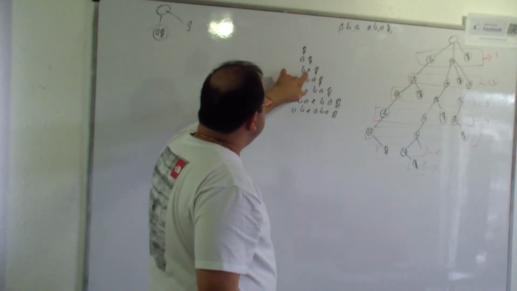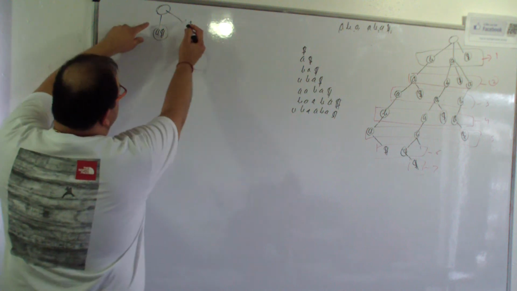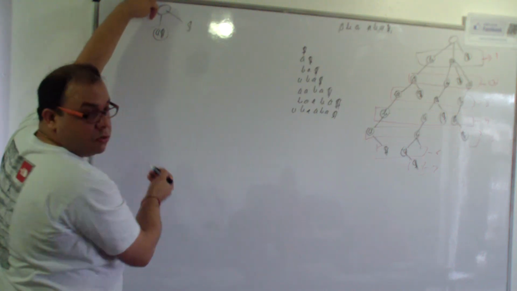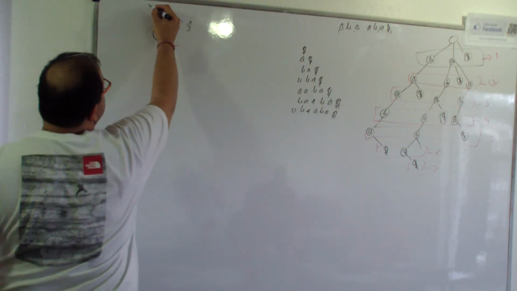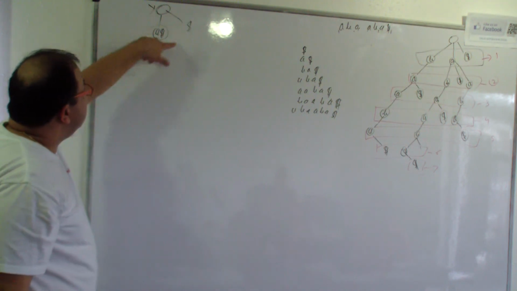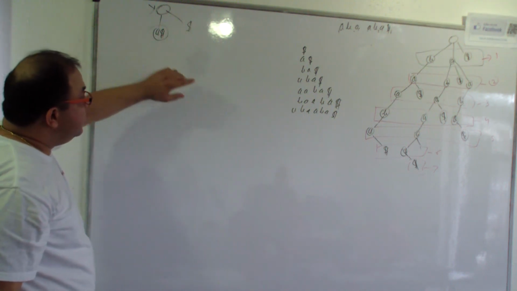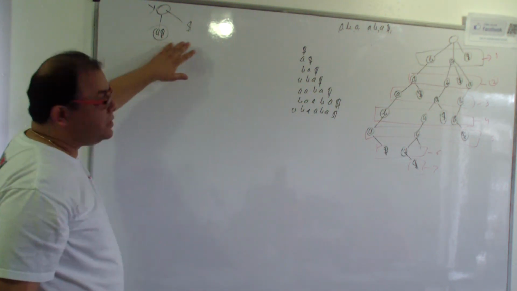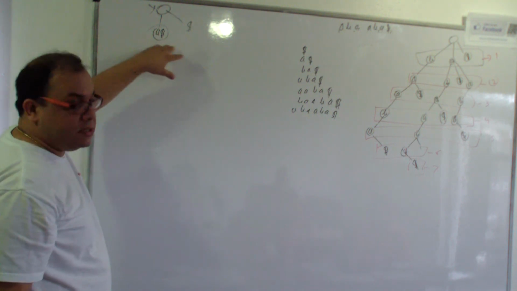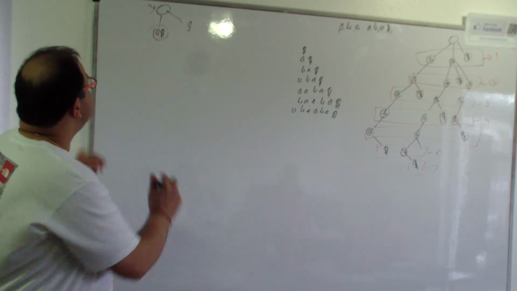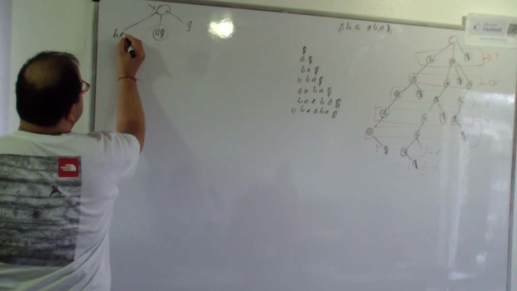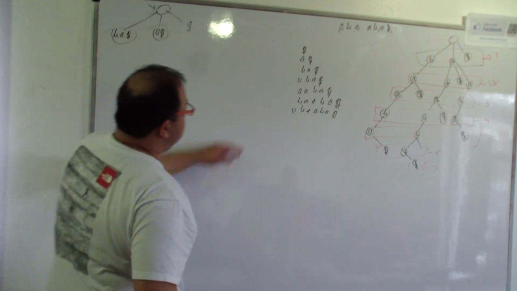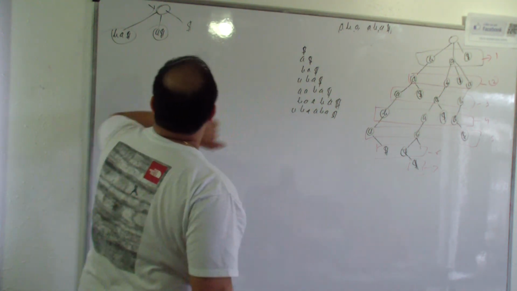Next, we'll check BA dollar comes. So for all these nodes, current is equal to this. Check all the nodes. We'll check if BA dollar is a child. It is not. So we'll create BA dollar. Okay, ABA dollar.